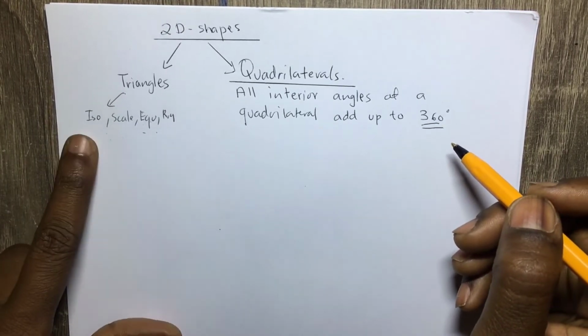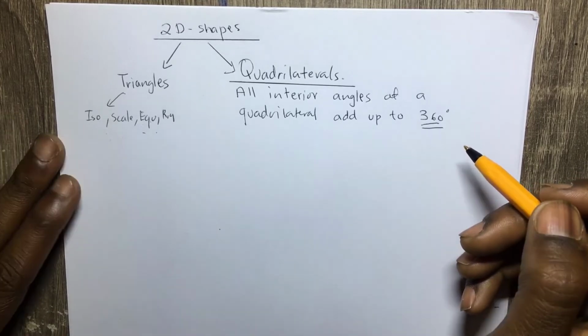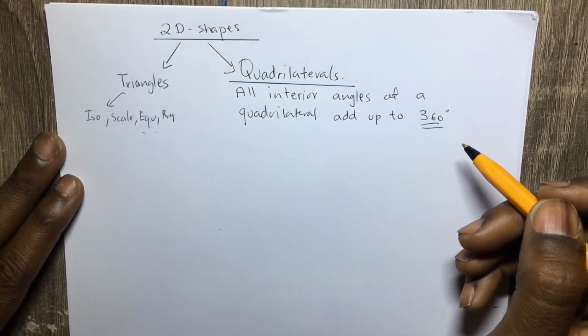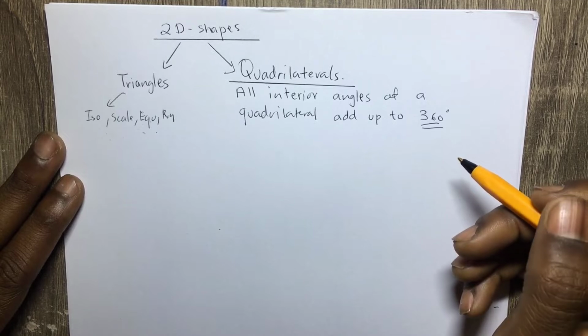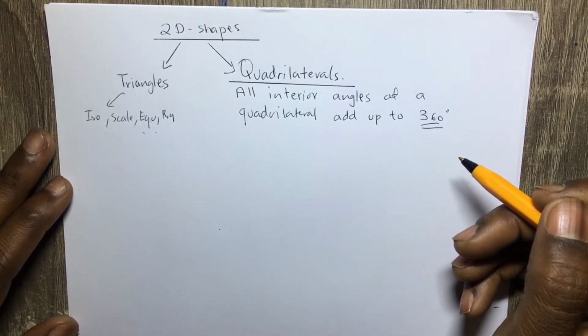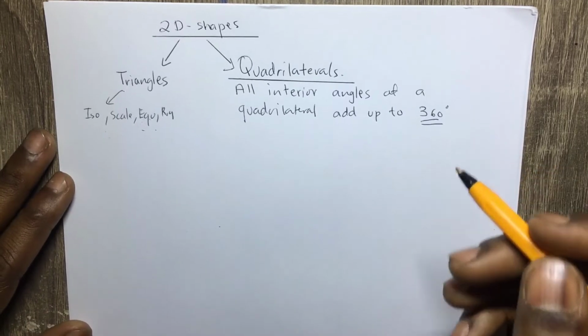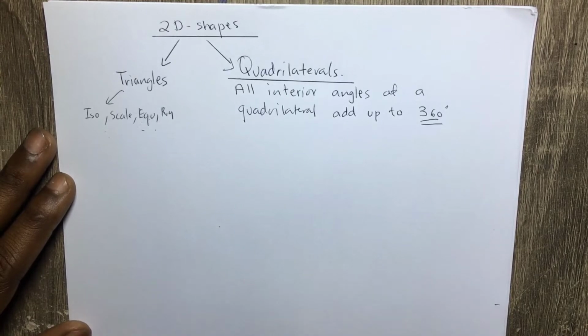So for a triangle it's 180, for a quadrilateral it's 360. So how many shapes of quadrilaterals do we have? We have 6 shapes. I'm going to mention them here one by one.